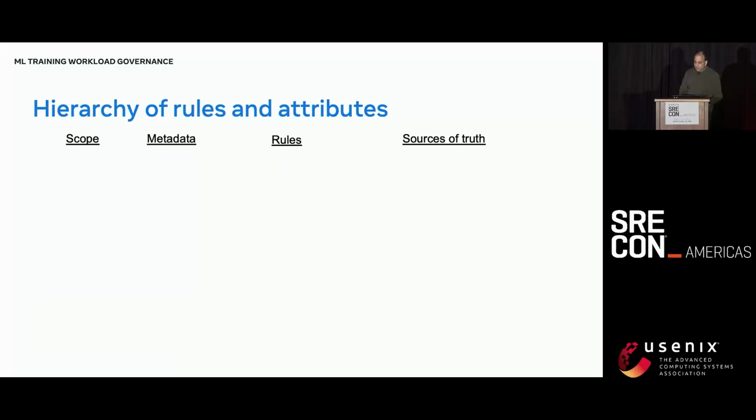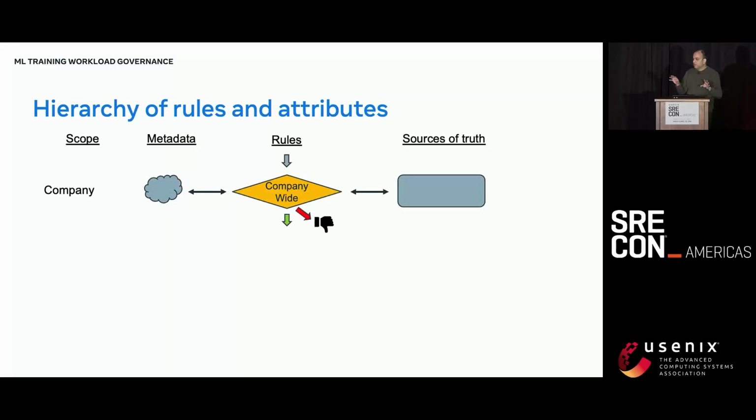So let's dive in a little bit into this hierarchy of rules. At the highest level is the company level. At the Meta level, we have certain metadata, certain vocabulary, certain nomenclature, and certain sources of truth along with it. And with those, we want to follow certain rules for each of the jobs. As Brian was explaining about the model type and business purpose, we have an inference pipeline that may have multiple model types. There may be multiple models of different types in that pipeline.